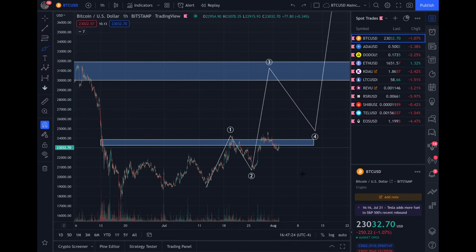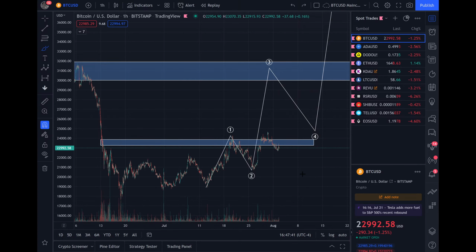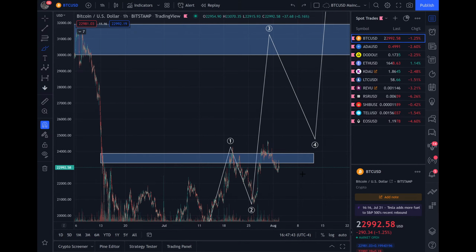Or if it's not a sharp move, it can be consolidation and then boom, a sort of impulse like that. So like a complex wave right here, and that breaks down finally to retest this level before continuation of the uptrend. I would not be surprised if that happened.